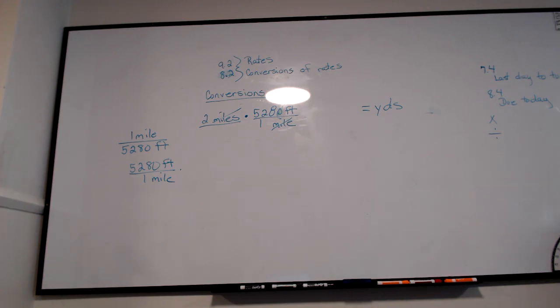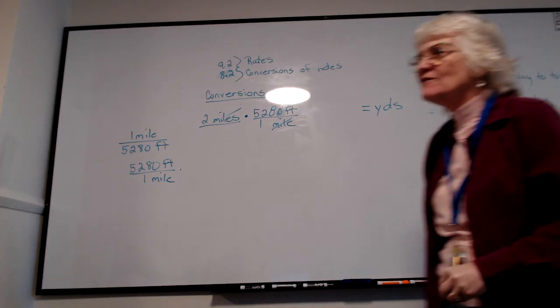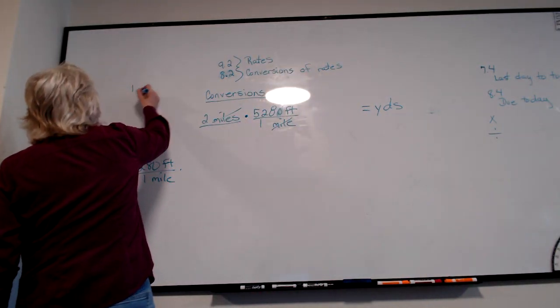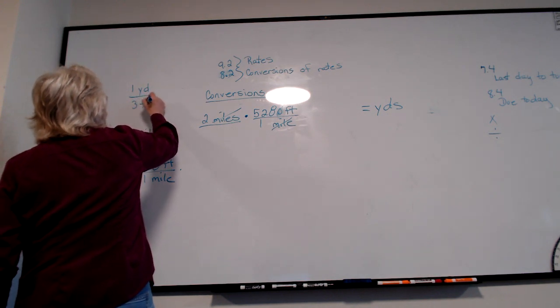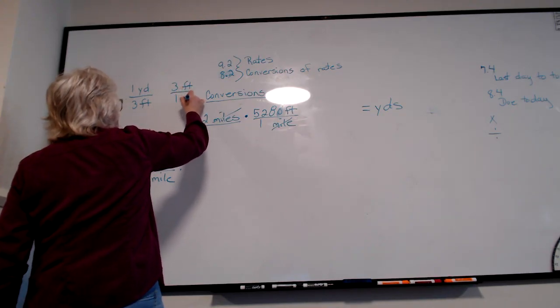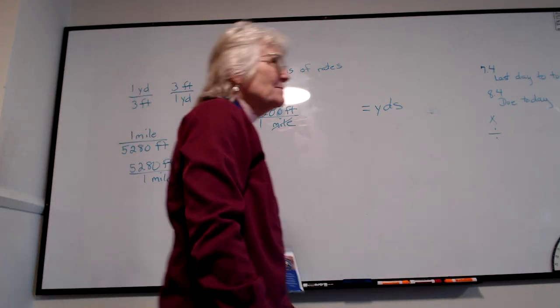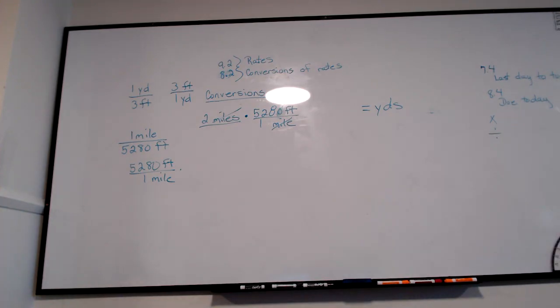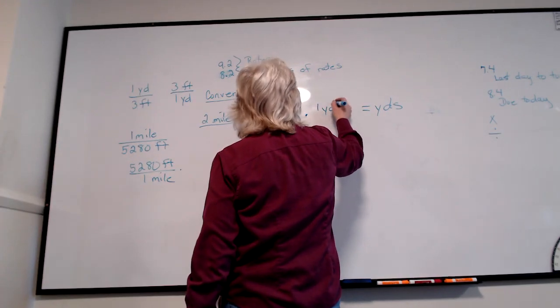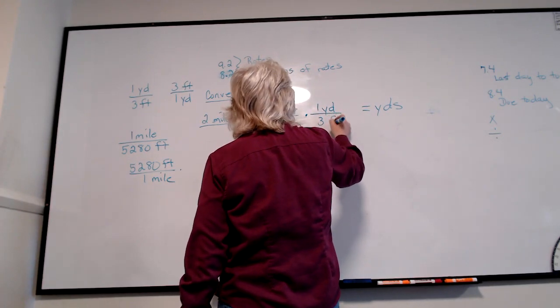If I have feet to yards, well, let's see if we have a conversion rate. I know that 1 yard is the same as 3 feet, or 3 feet is the same as 1 yard. Which one am I going to multiply by so that the feet cancel out and I'm left with yards? The first one, because it is 1 yard over 3 feet.